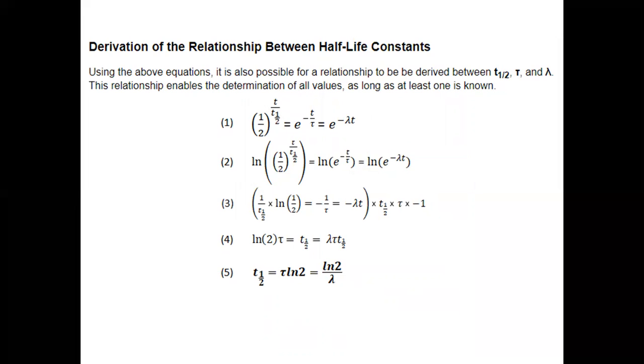After that, we take ln on both sides, and after calculation we can write the equation as t half is equal to tau ln 2, which is equal to ln 2 divided by lambda. This is the relation among t half, tau, and lambda.